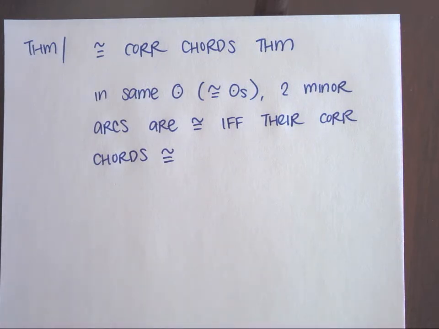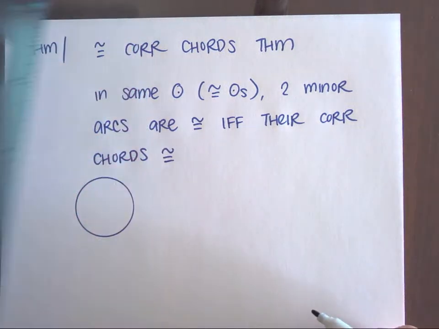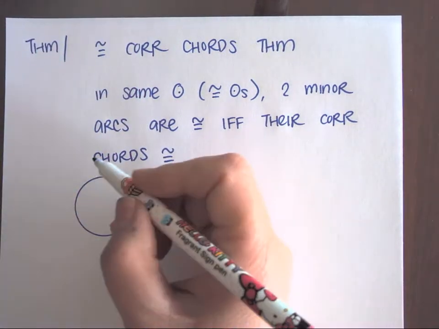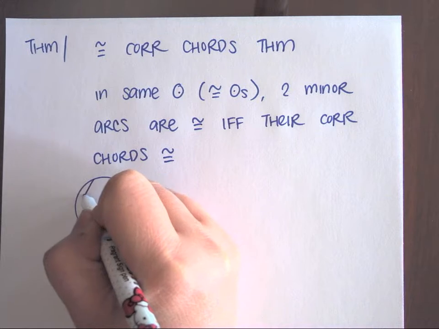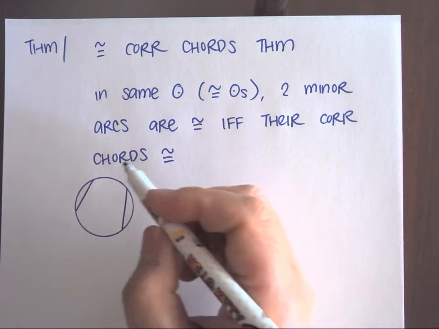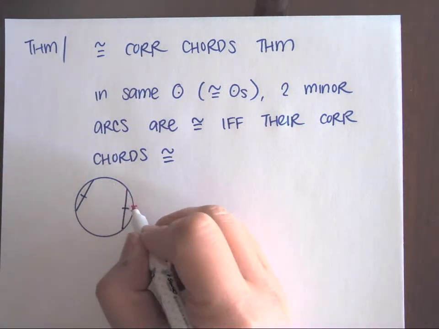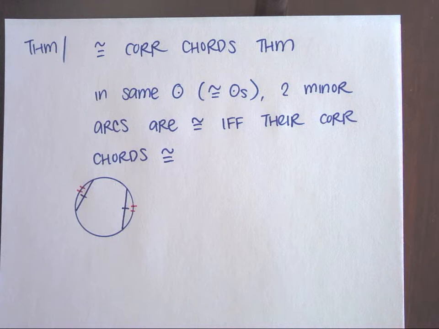What does that look like? We have a circle and we have two chords. If the two chords are congruent, then the arcs are congruent also. Now, yesterday we talked about arcs and the central angles and how they have the same measure.